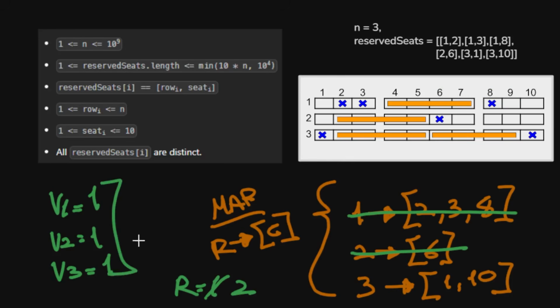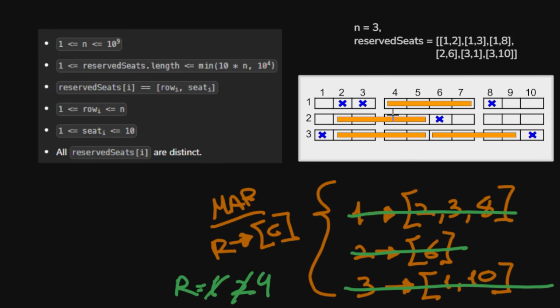So what do we add to the result? Well, the maximum between the block of the middle, 1, and the 2 other blocks. 1 plus 1 is 2. Here the result is 2, so we put this in the result, and the new result is 4. Now we have already iterated the 3 rows that we have in reserved seats, and 3 is equal to n, so at this point we can return 4.